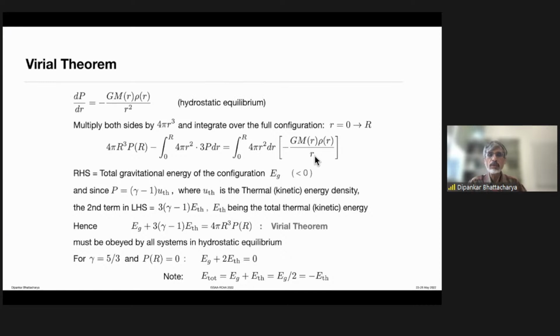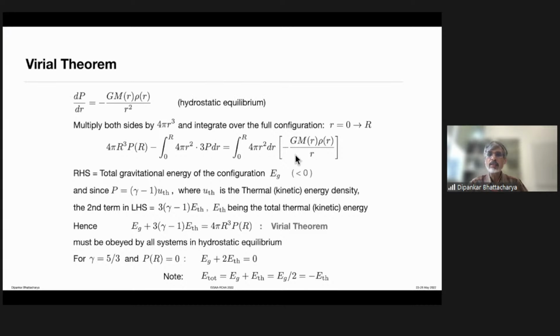Now we can start recognizing some of these quantities. This quantity G m(r) rho(r) over r is the gravitational energy per unit volume at r.